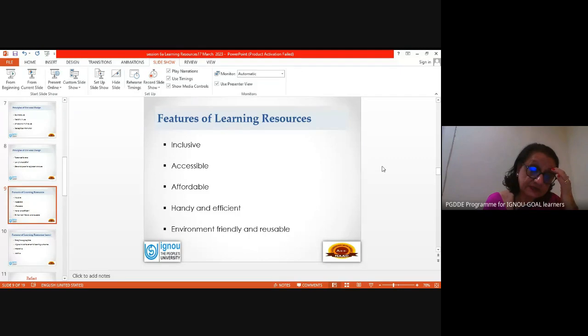So in a way, I may be just repeating myself, but when we talk about the features of learning resources, and when we are making learning resources, what we are saying is that the first principle or the first feature is that we as distance teachers must try to make resources which are as inclusive as possible.